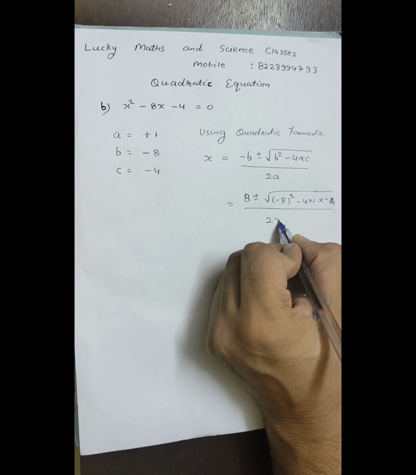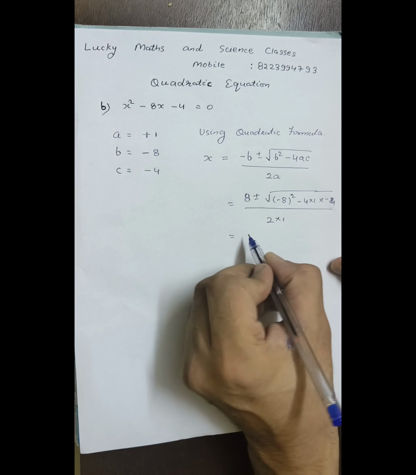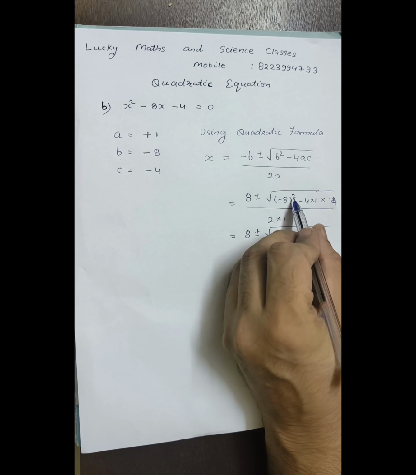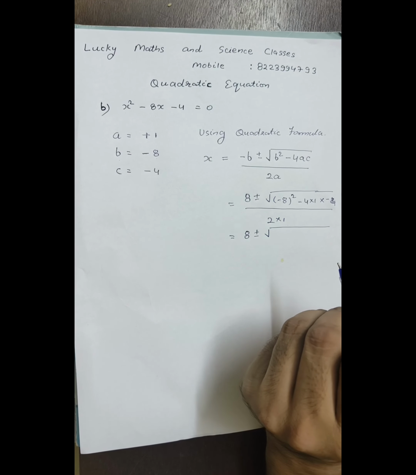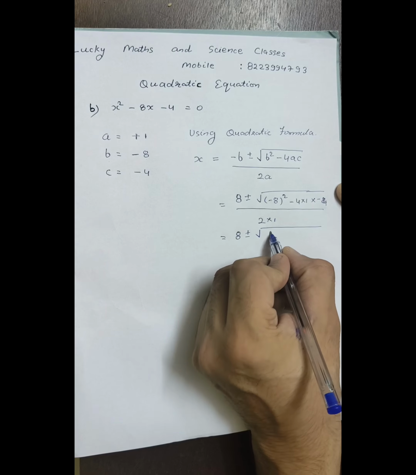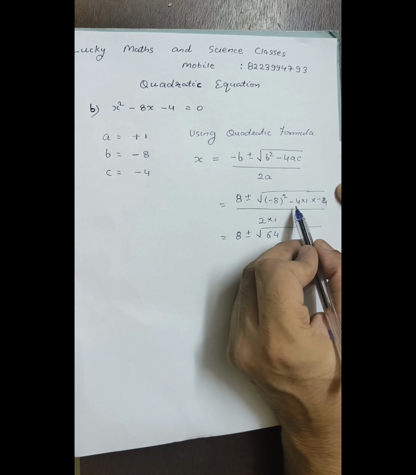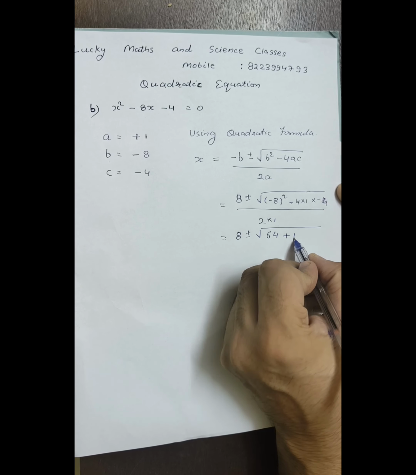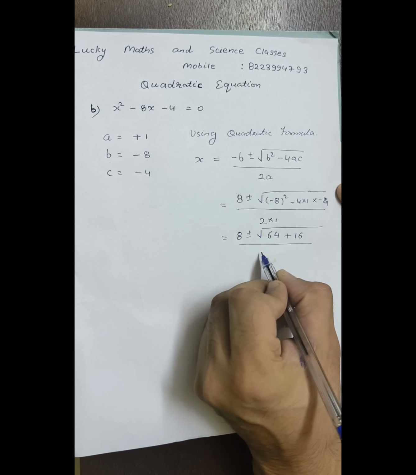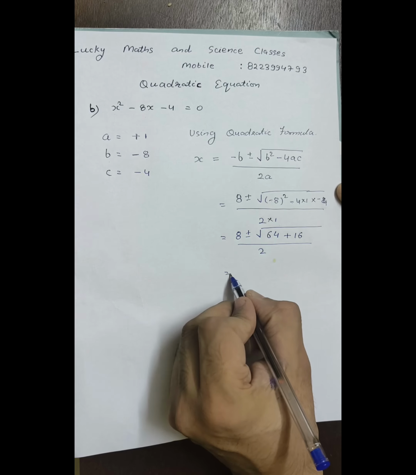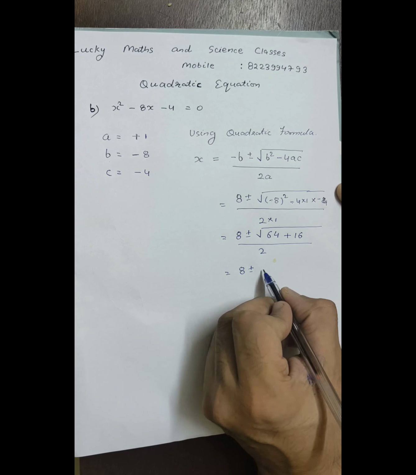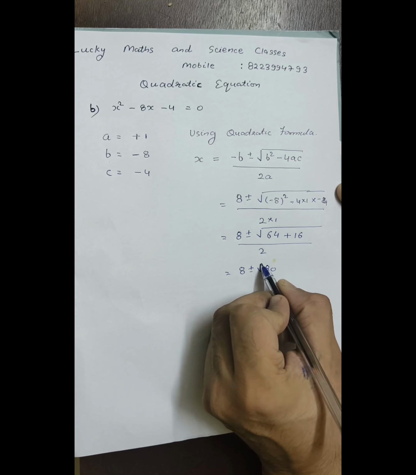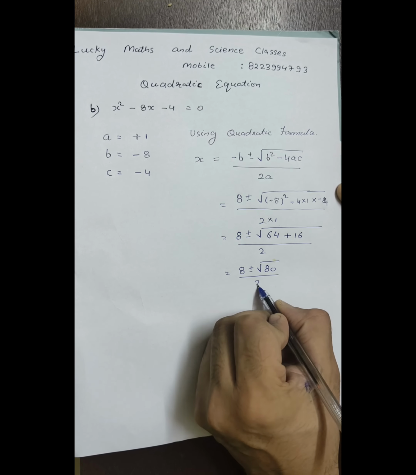Which is equal to 8 plus minus square root, square of minus 8 is positive 64. 64, again minus minus plus, 4 times 4 is 16, whole divided by 2. 8 plus minus square root 64 plus 16 is 80, whole divided by 2.